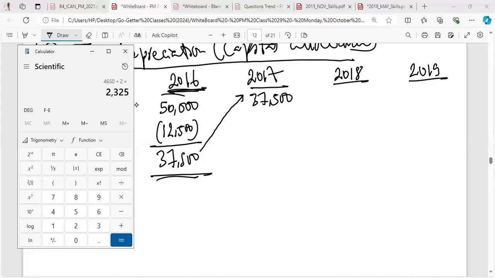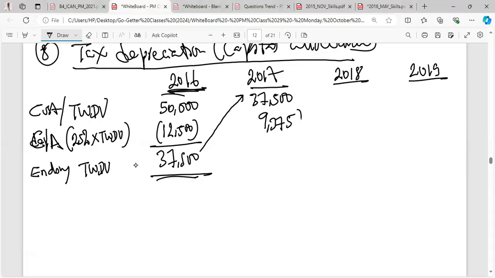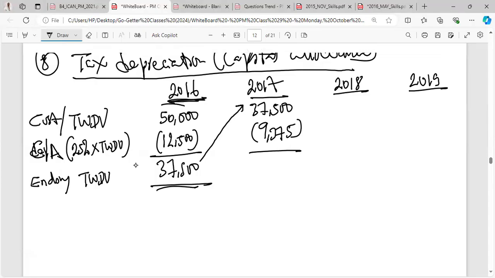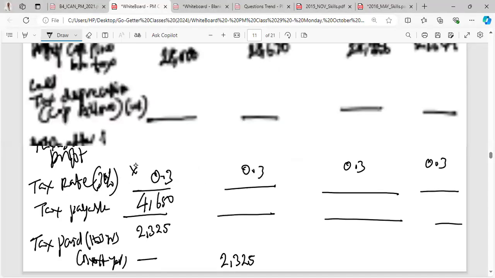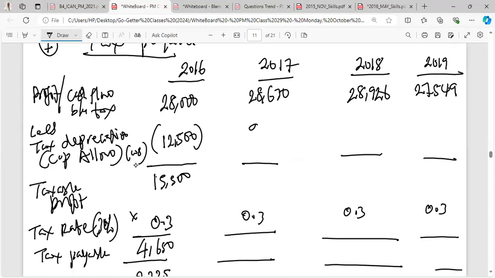But now we are using 25% of 37,500. 37,500 times 25%, that's reducing balance. 9,375. We have it here.